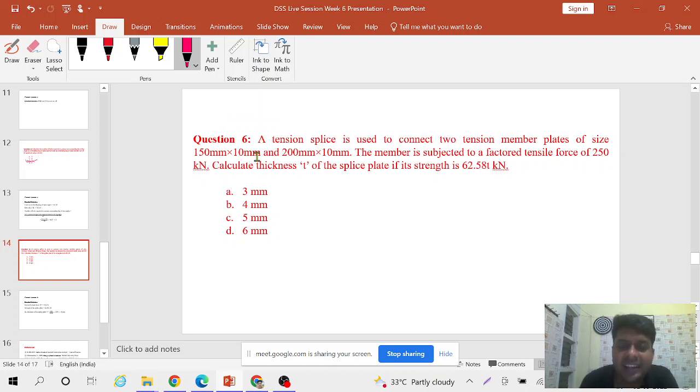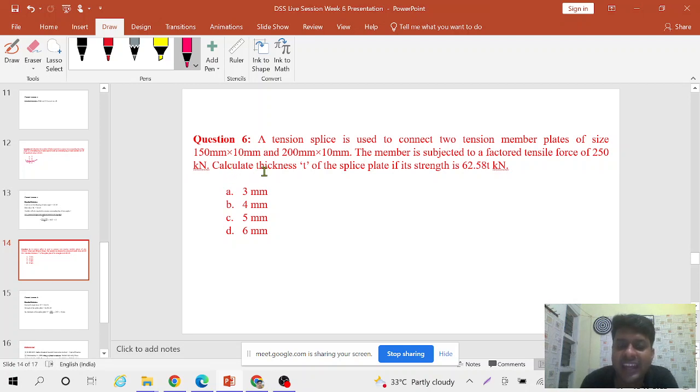So here it is saying that there are two plates: the size of the first plate is 150 mm by 10 mm, and the size of the second plate is 200 mm by 10 mm. These two plates have to be spliced. The member is subjected to a factored tensile force of 250 kilonewton, so you have to take 250 kilonewton of tensile force into account.